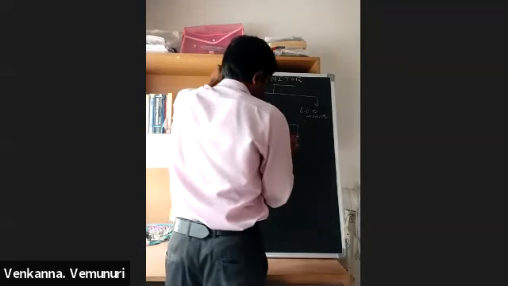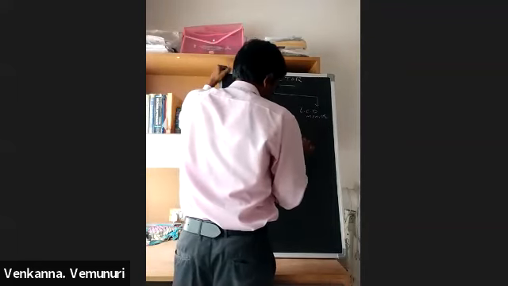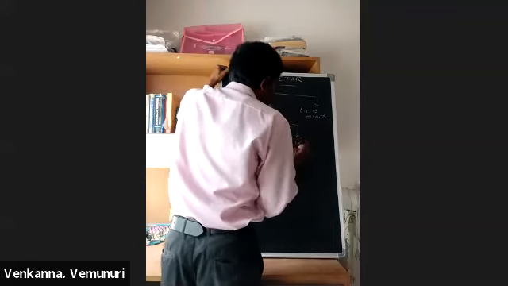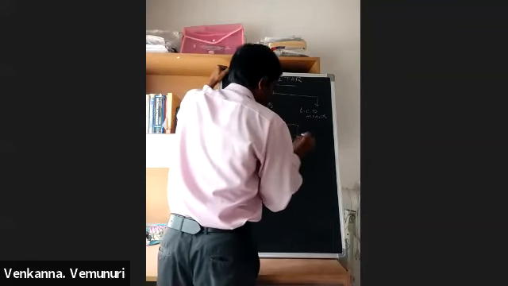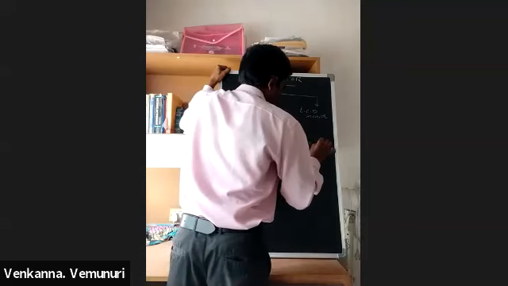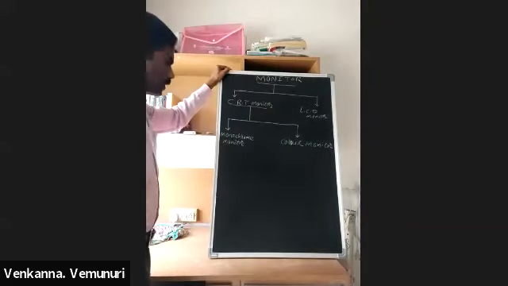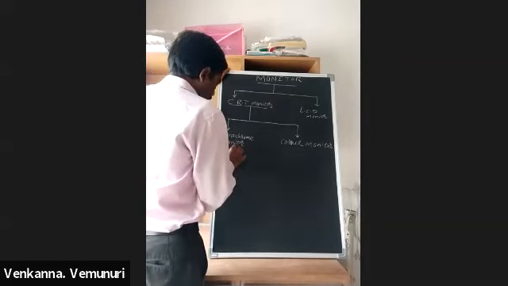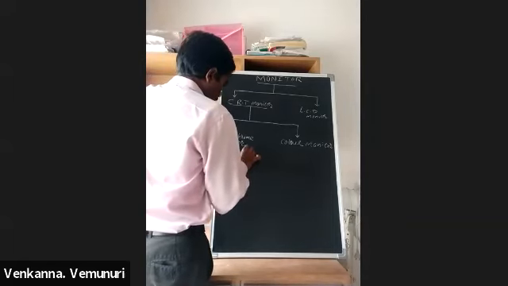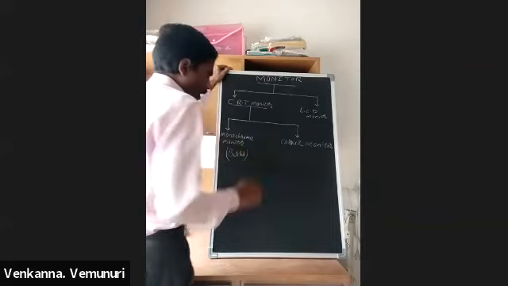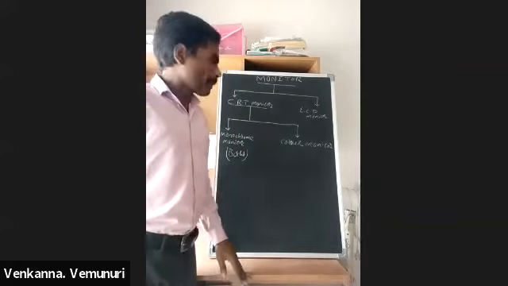Another one is color monitor. Monochrome monitor means black and white monitor. And another one is color monitor.